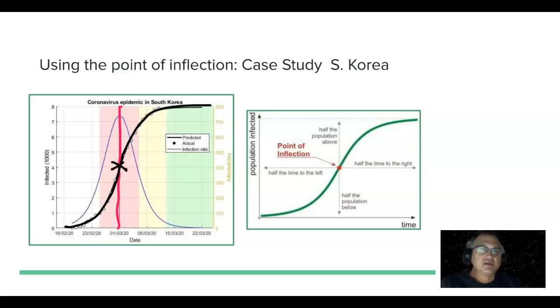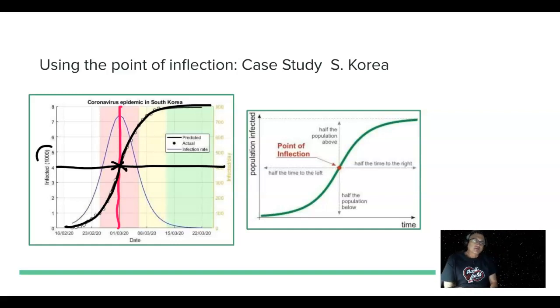And if you can see, it divides the graph into equal parts. The amount of people up to this, half below the line, is the same as the amount of people above the line. So if you look at the number infected, it's at 4. Now that's 4 times 1,000, so that's 4,000.